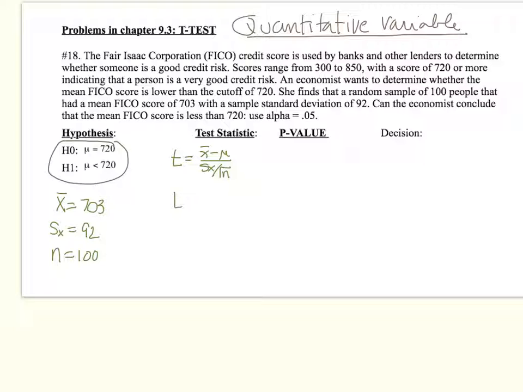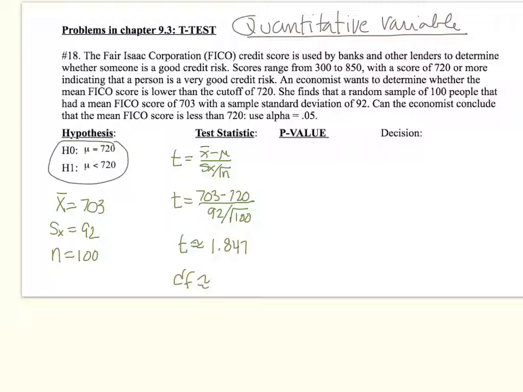So t in this case is equal to 703 minus 720 divided by 92 over the square root of 100, which is 10. So we find that t is equal to approximately 1.847.